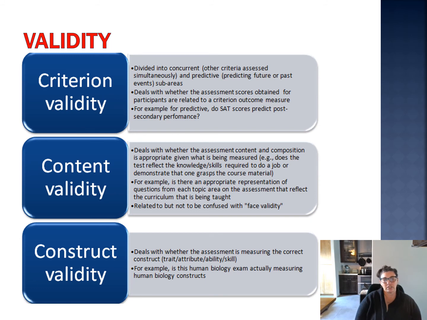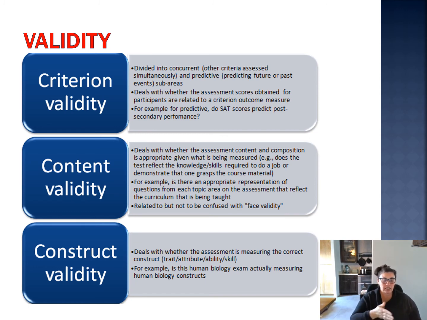So criterion validity, you are at the same time taking criteria and measuring it, right? So you're dividing up the criteria into little chunks, and then you're measuring it in those little chunks. And then you're trying to make a prediction with it, right? So you are trying to predict future events based on past events.